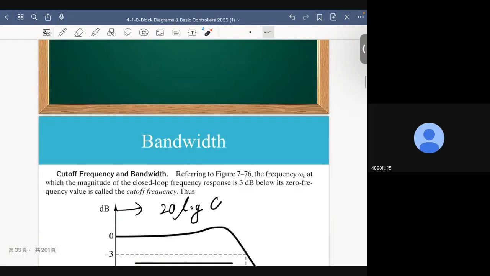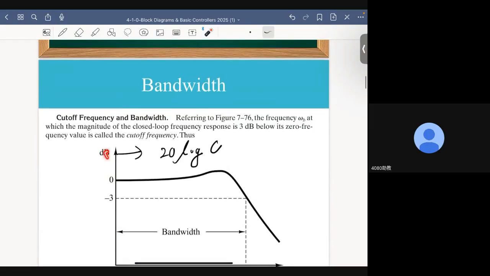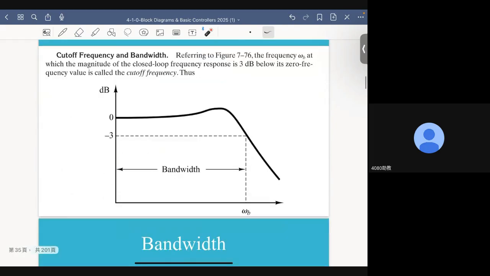That means, let's say this is my bandwidth, okay? And your bandwidth probably looks something like this.